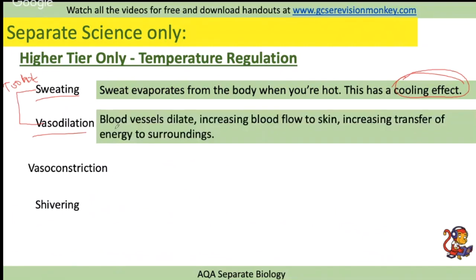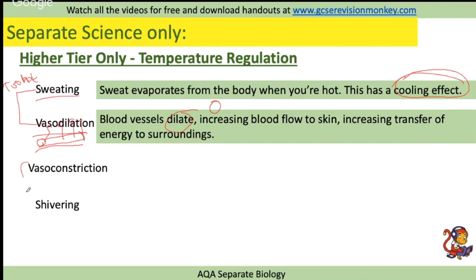Vasodilation, the blood vessels dilate, which means they get a little bit wider. They increase the blood flow to the skin, and this increases energy transfer to the surroundings. So if this is your skin, you're going to be transferring more energy to the surroundings if your blood vessels have dilated and there's more blood flow. So your hands will go red and quite swollen.